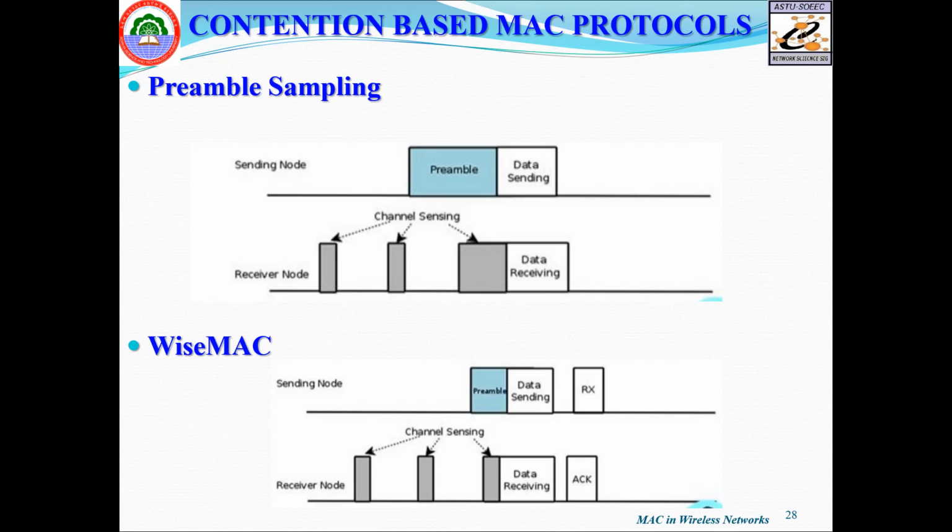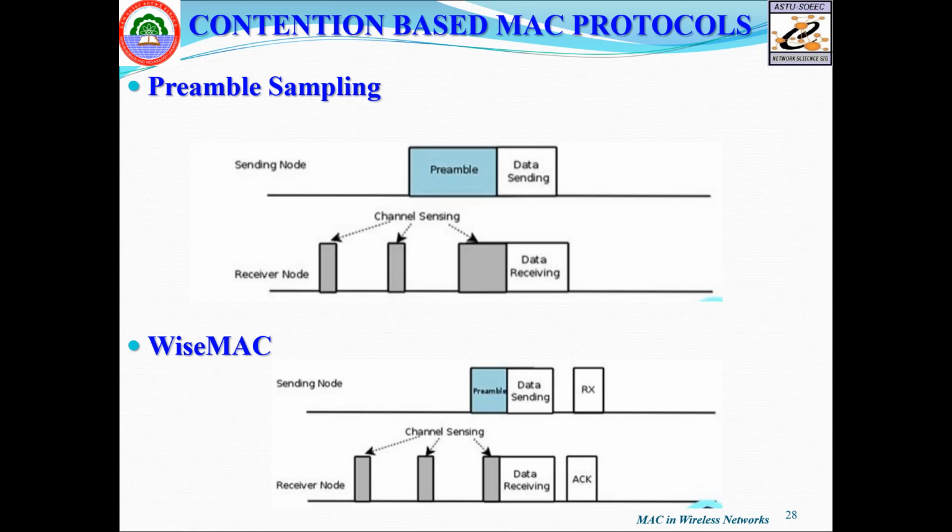Consequently, once the preamble is detected, the data is sent by the sending node and received by that particular receiving node. WiseMAC is also very similar to the first one, as we can see an almost similar kind of approach.